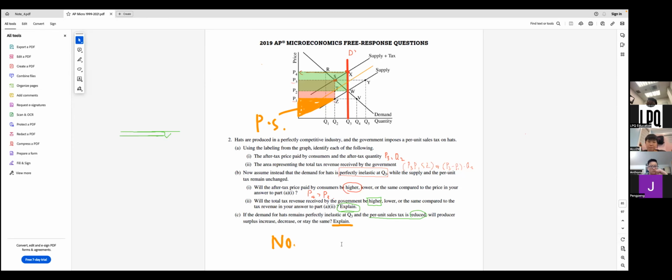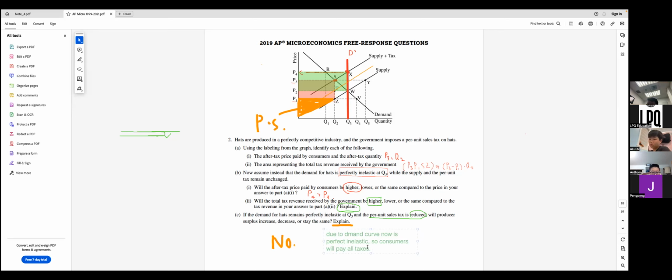Maybe another easiest way is, due to the demand curve now being perfectly inelastic, consumers will pay all taxes. That's it. Regardless of how big the tax level is, consumers will pay all.